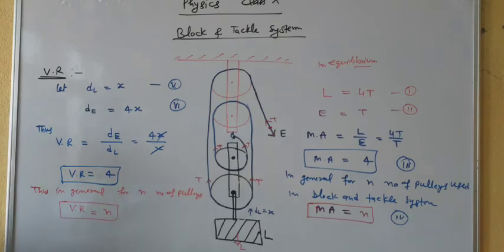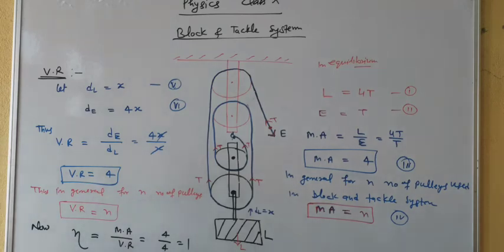Thus efficiency. The efficiency of the block and tackle system is given by mechanical advantage upon velocity ratio. This is 4 upon 4, this is 1. So here also the efficiency will be equal to 1 or 100%.